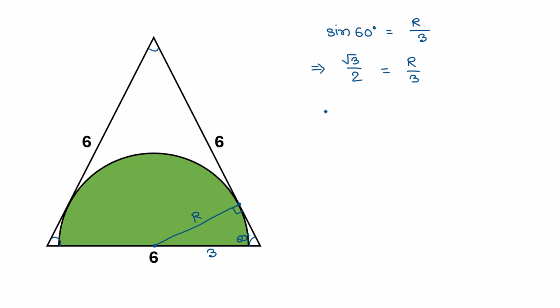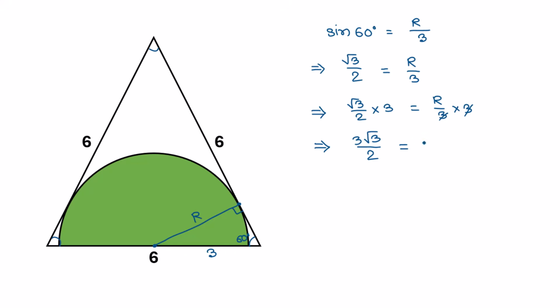Now multiplying both sides by 3, we will get square root of 3 over 2 times 3 is equal to, on the right side, r over 3 times 3, or this will be 3 times square root of 3 over 2 is equal to r, as this 3 and this 3 will cancel.